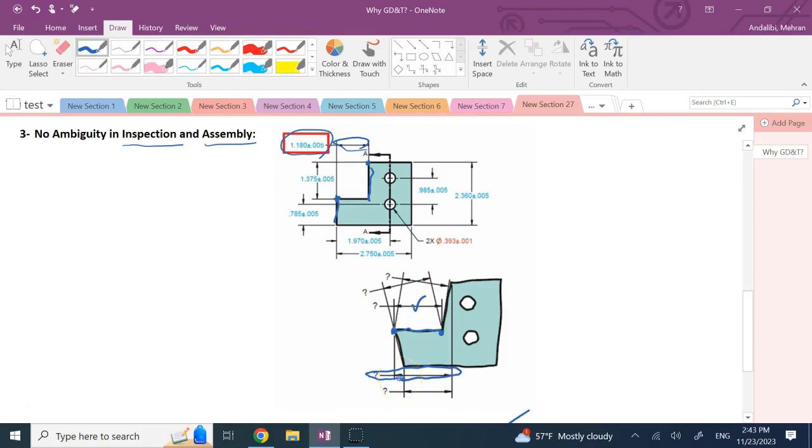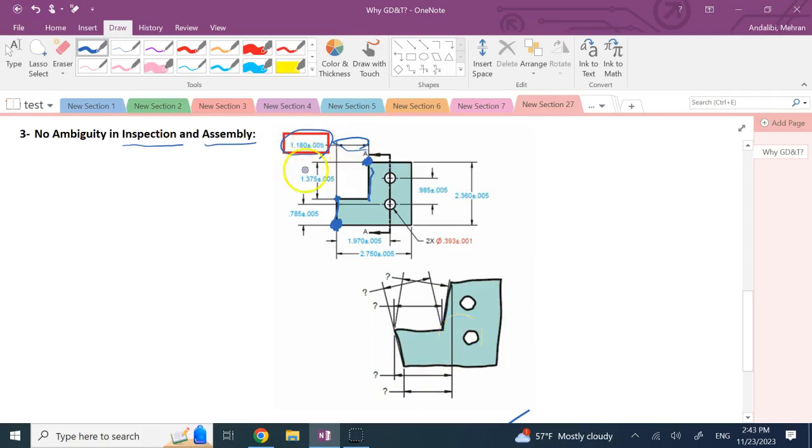Or somebody might say, well, no, it's really from this point to this point, these two. And they go for this dimension. And there are other ways that you can interpret that. And you clearly see, if you look at these dimensions, they are all different from each other. One is shorter, one is longer. So one of them might fit that range, one of them might not. So some people might accept it, some people might reject it.